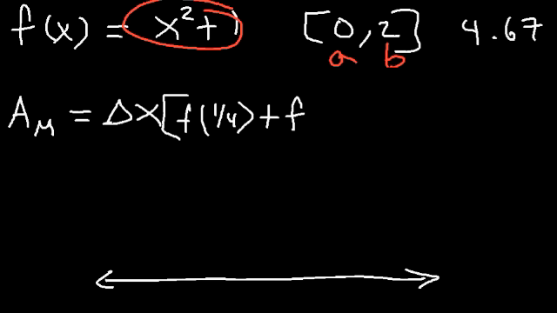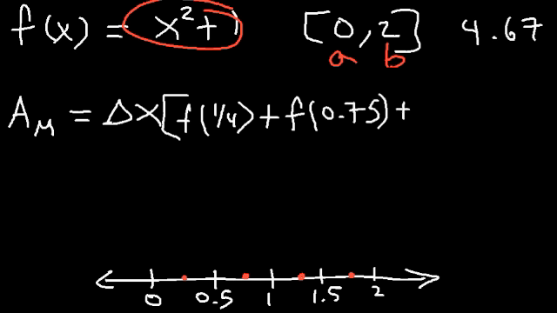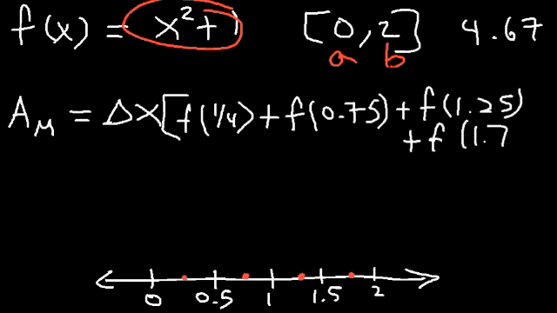You can draw the interval if it helps. This is 0, this is 2, this is 0.5, 1, 1.5. So we have the points 0.25, 0.75, 1.25, and 1.75. So this is going to be 0.75, and then 1.25, and finally 1.75.